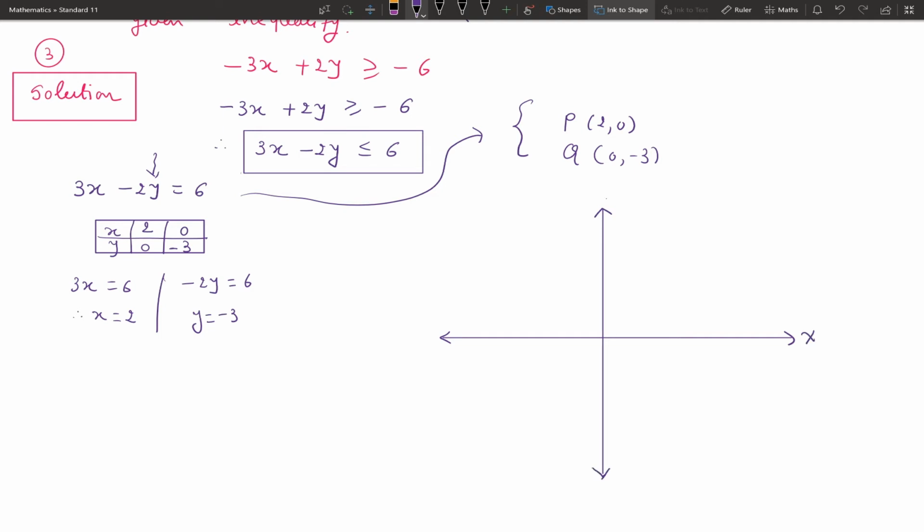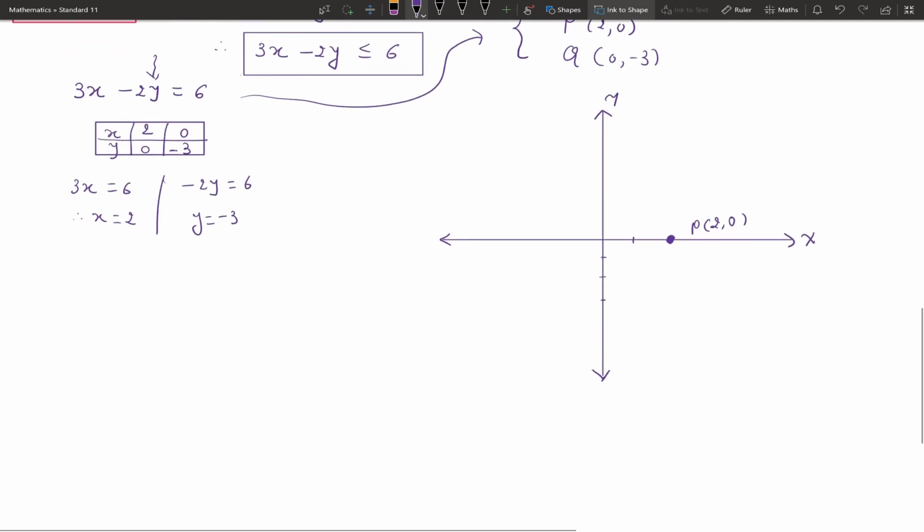X axis, y axis, 1, 2, so this is the point P(2, 0), another point Q(0, -3): minus 1, minus 2, minus 3. It's an arbitrary scale.